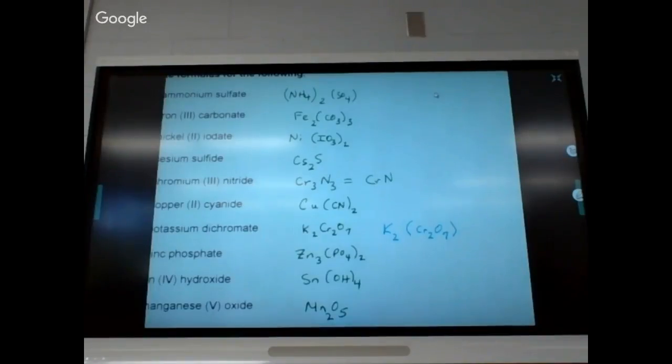Anybody else? Anybody need to see one done? I'll be glad to work it after I slide it up and go to the bottom answers. If you want it worked on the board, I'll do that. All right, everybody got the top check, so I can put the other ones up, or are we still checking? We'll check. Could you do number 9 or 1? I will, in just a second.